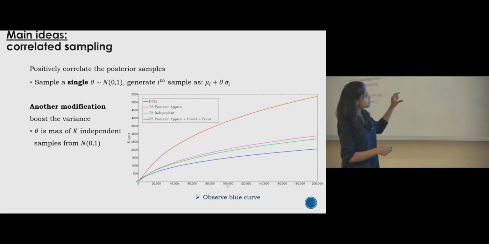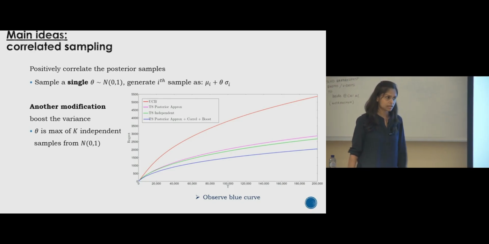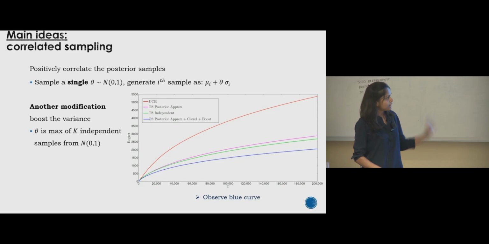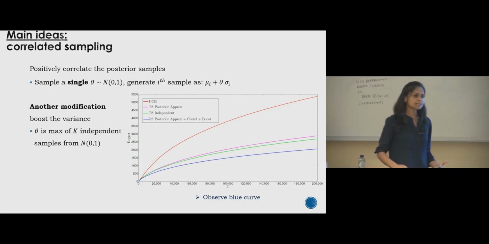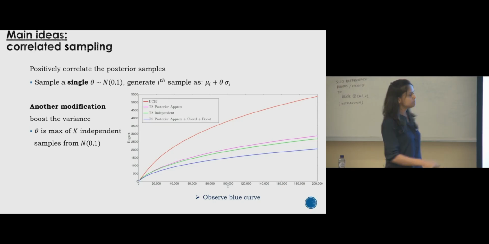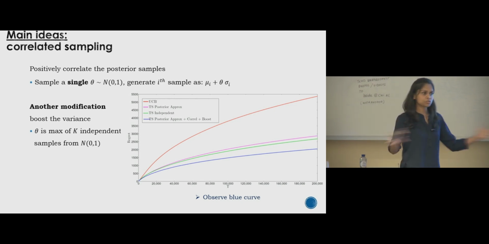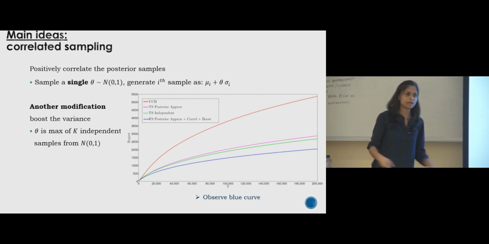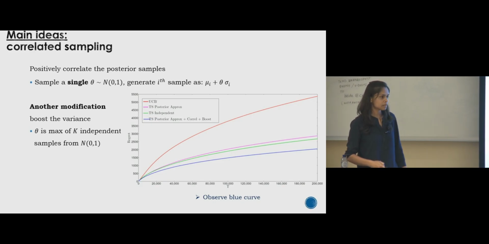And we did one minor change, which is we also take more than one sample from this standard Gaussian, K samples. All these ideas were inspired by the theoretical analysis, but we saw that it actually makes sense to do it empirically also. So there is an open question in some sense: in such cases where you see these joint effects of your parameters, what's the best way to use posteriors?